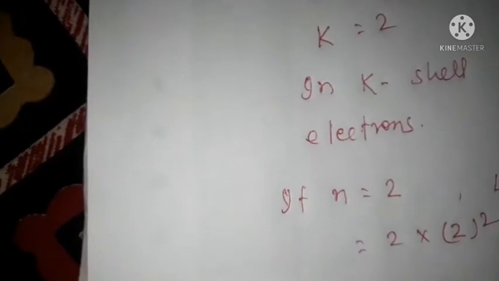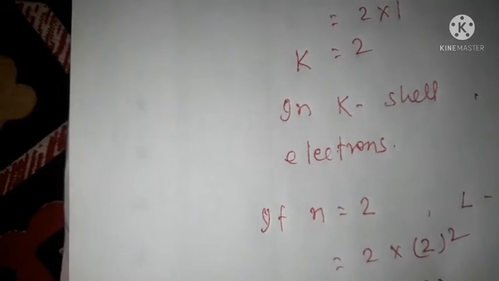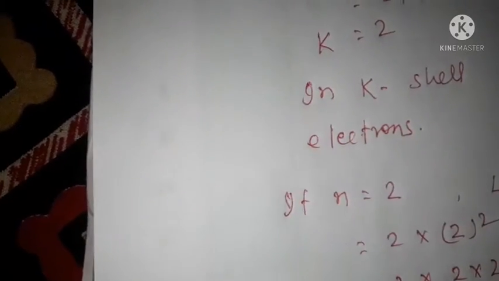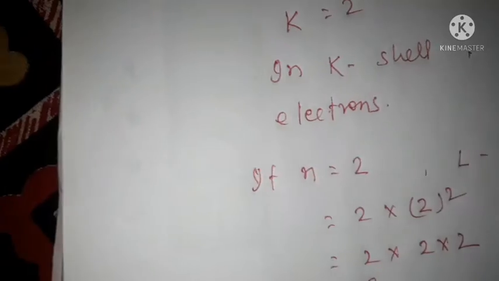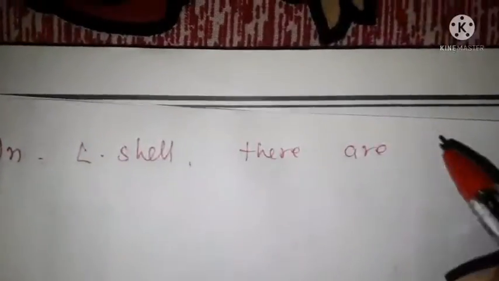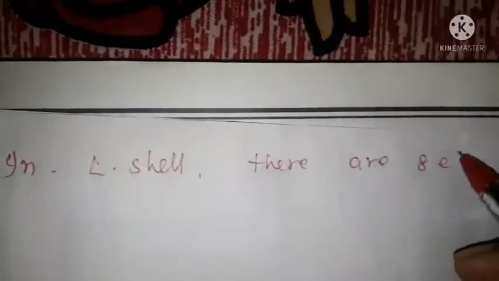Now we calculate it. 2 into 2 into 2, that means 8. L contains 8 electrons. Now we can say that in L cell there are 8 electrons.